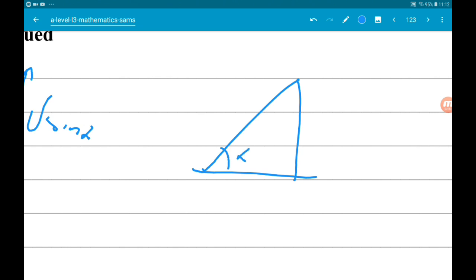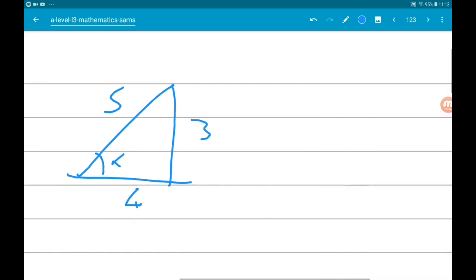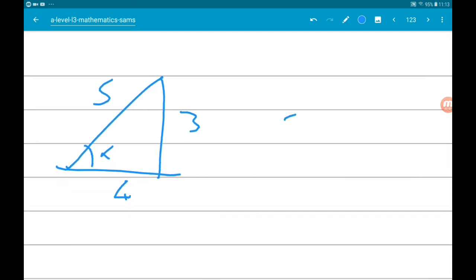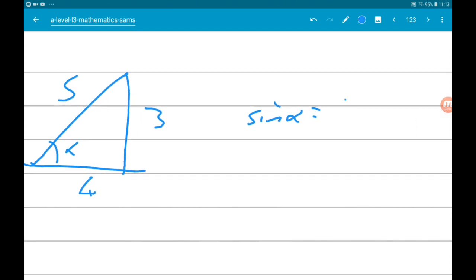Because we know tan alpha is 3/4, we're in the old 3, 4, 5 triangle. So sine alpha is 3/5. Cos alpha is 4/5.